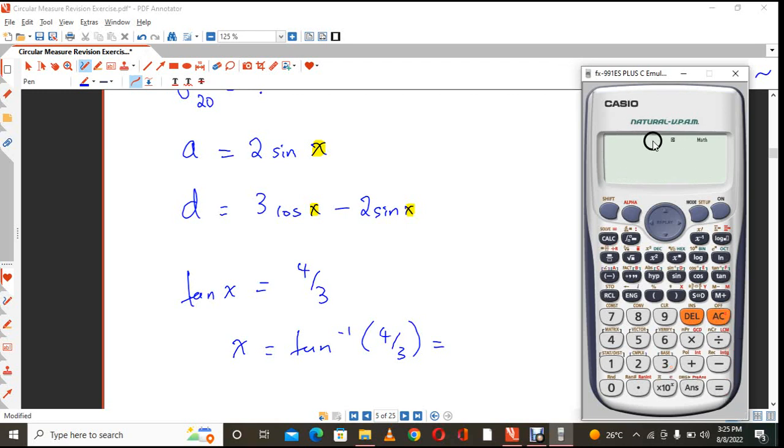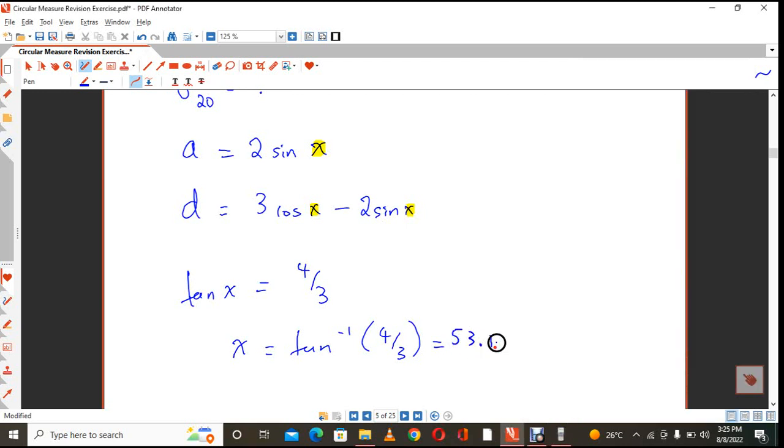Good, nothing in the memory, and my calculator is in degree mode. So shift, inverse tangent of 4 upon 3, close the bracket, and hit equals: 53.13 degrees, give or take.